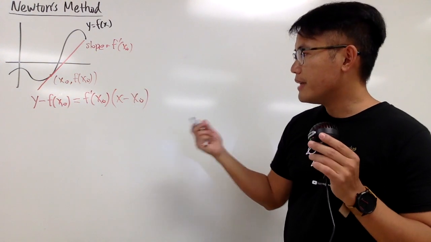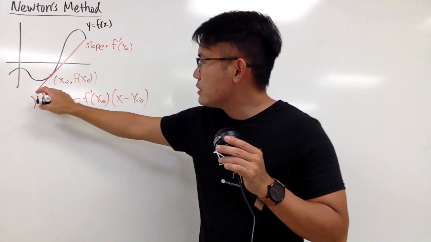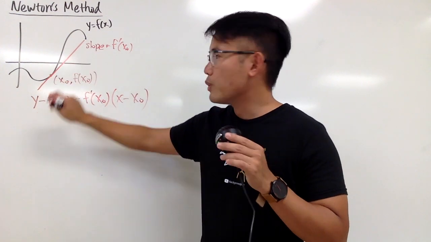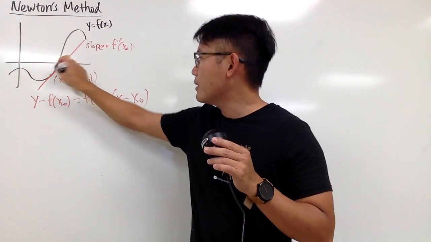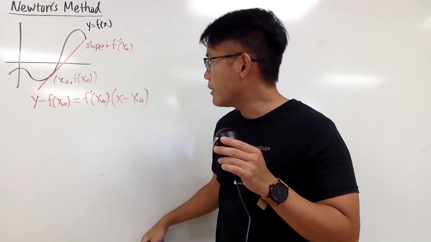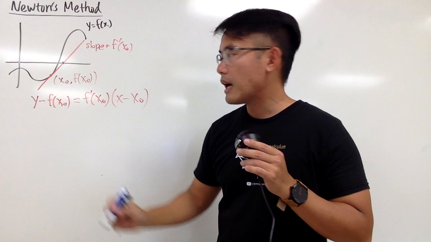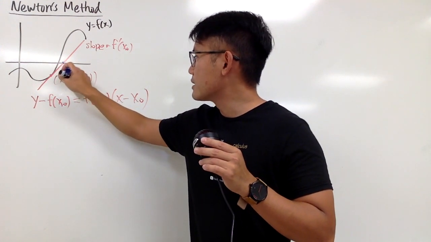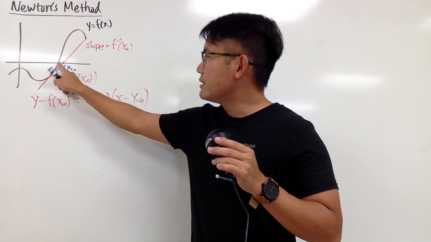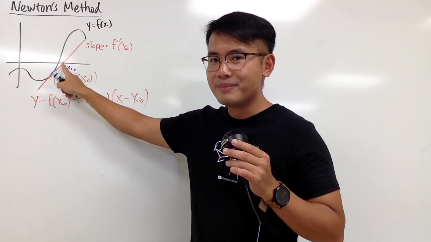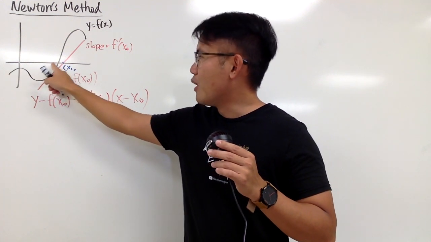And then from here, the idea is that I'm going to be solving for the zero of this line, which is going to be right here, as we can see right over here. And at this particular point, I'm just going to call this x1. And hopefully this is getting closer to the actual zero, because earlier I'm kind of off, right?